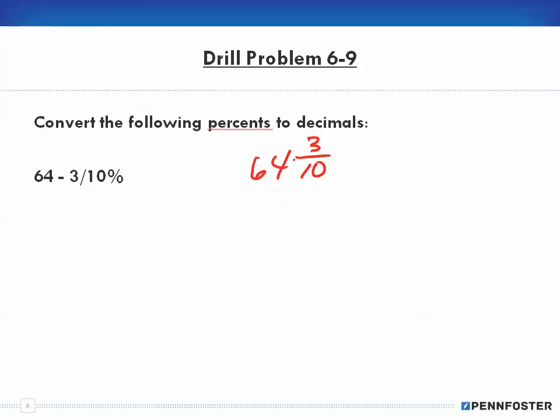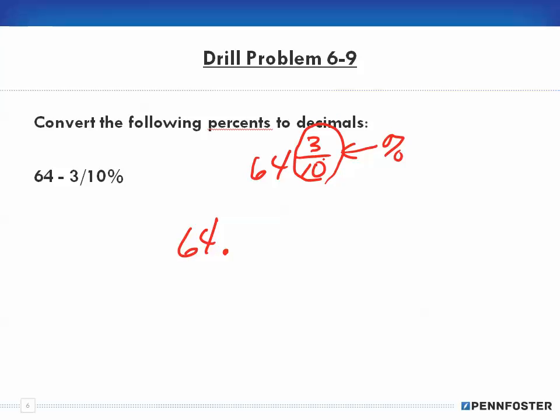So when I'm looking at this as a fraction, I need to consider what that is in percentage terms. Okay, so I'm going to have to convert this 3/10 into a percent, because 64 is a whole number, right?